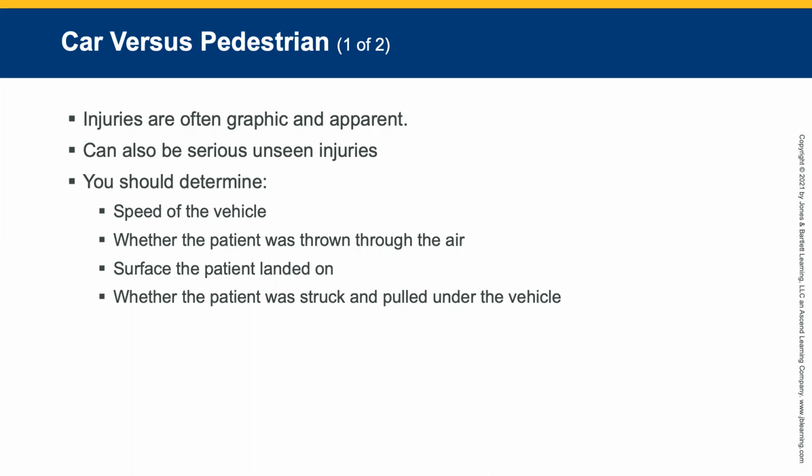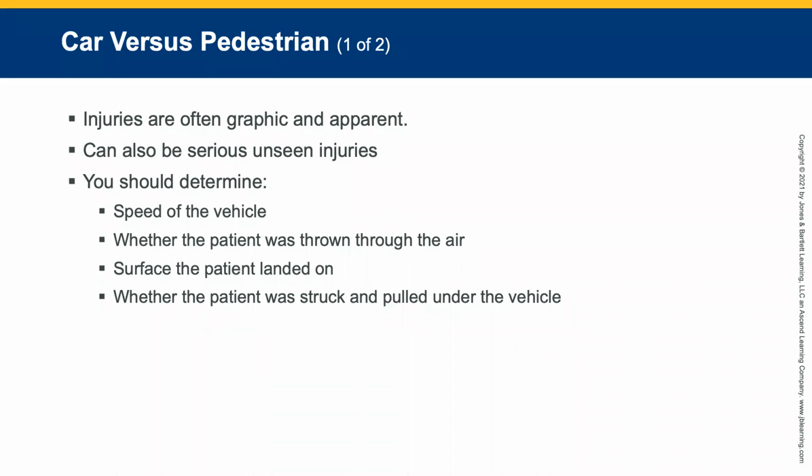Well, most of the time that's a short individual, because taller individuals are going to go up and over. The reason we want to know if they go down and under is that they can potentially have crushing injuries associated with multiple fractures, broken bones. We're all going to deal with all these injuries.